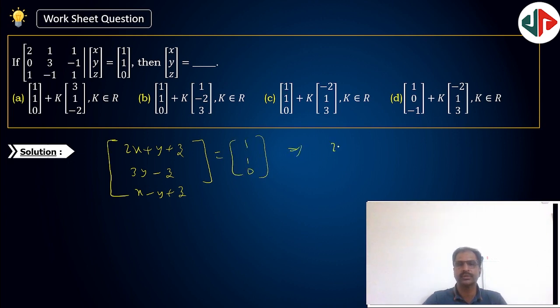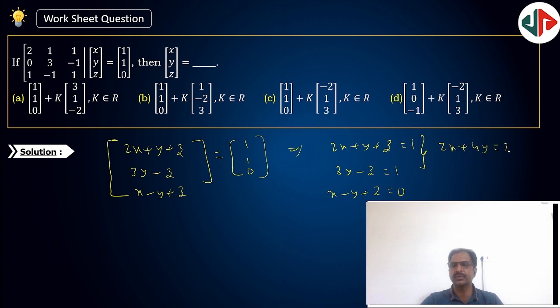From this, 2x plus y plus z is equal to 1, 3y minus z is equal to 1, x minus y plus z is equal to 0. By adding these two, you will get 2x plus 4y is equal to 2, or x plus 2y is equal to 1.